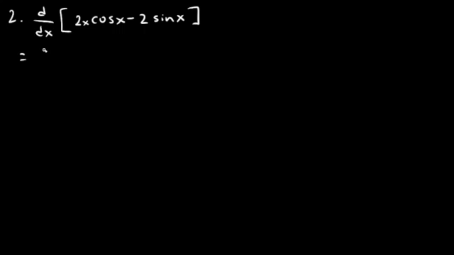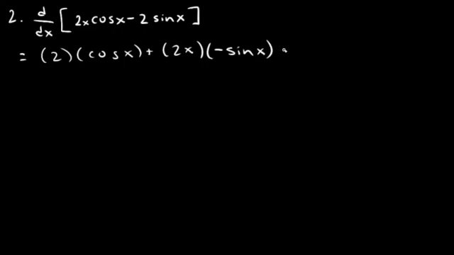So for this one, we do the same thing: 2, which is the derivative of 2x, times the normal cosine x, plus 2x times the derivative of cosine x, which is negative sine x, and then minus 2 cosine x.